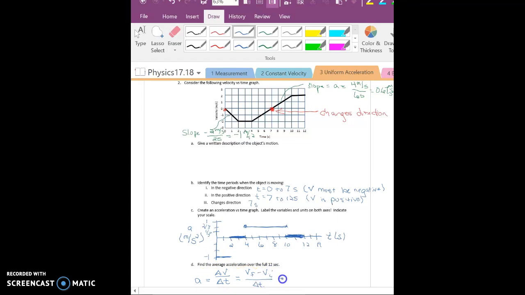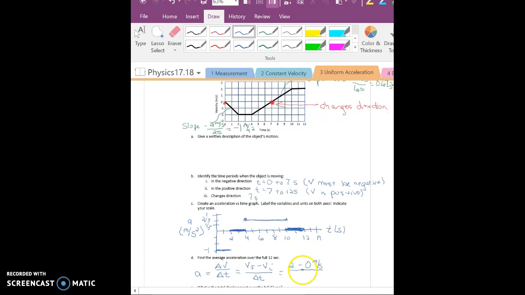I can look on this graph and see that at time 12, the final velocity was 2, and at time 0, the initial velocity was 0 meters per second. And this change happened over 12 seconds. And so our average acceleration is going to be 2/12 or 1/6 meters per second squared.